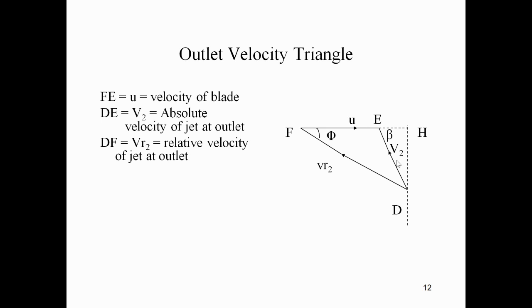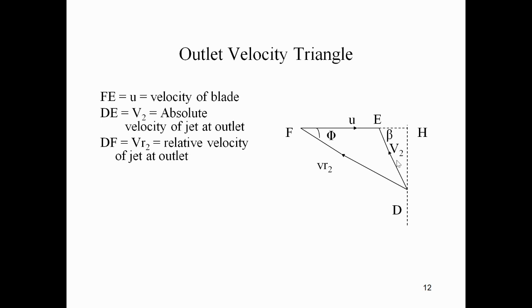Next, DF. It is called VR2. So VR2 is called the relative velocity of the jet at outlet.